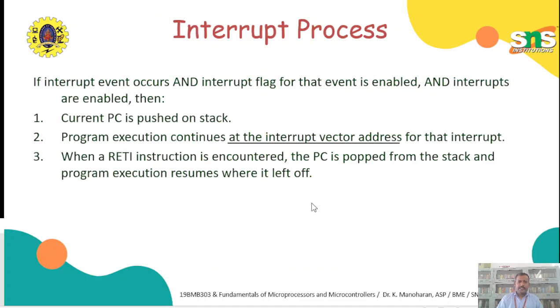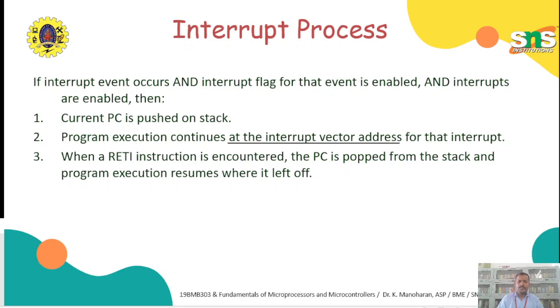First, we can take an example. Normal tasks are running, and they are monitored by the microcontroller. Whenever there is some abnormality, for example, fire is detected by the fire sensor, that signal is given to the microcontroller. The microcontroller is already busy with its actual schedule. But once this interrupt is received, what happens?